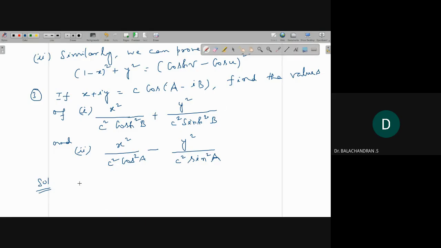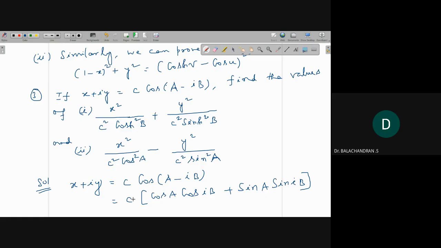So x plus iy equal to c into cos of (a minus ib), which is given here. So c into cos of a minus b formula: cos a cos ib plus sin a into sin ib.